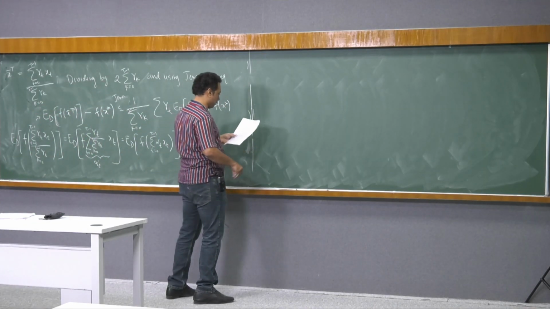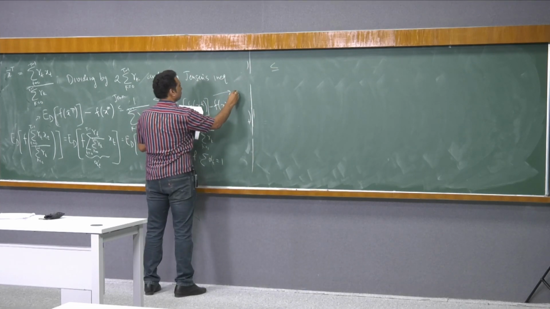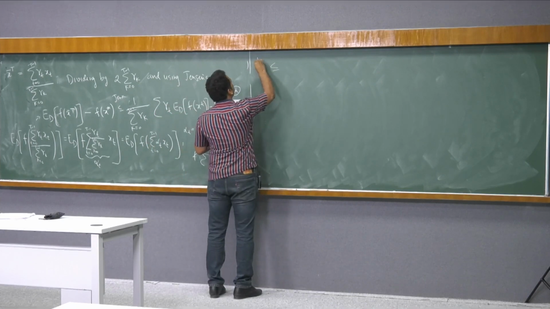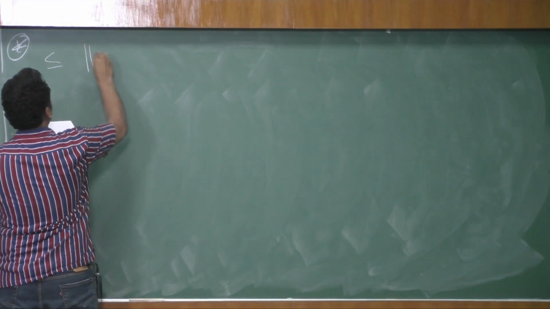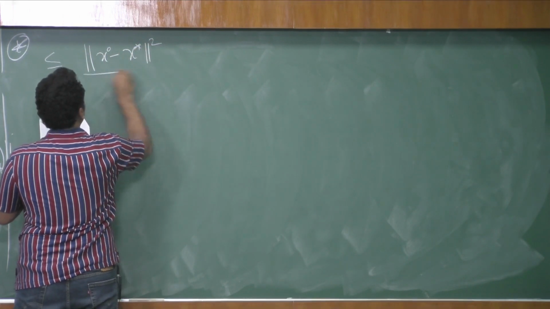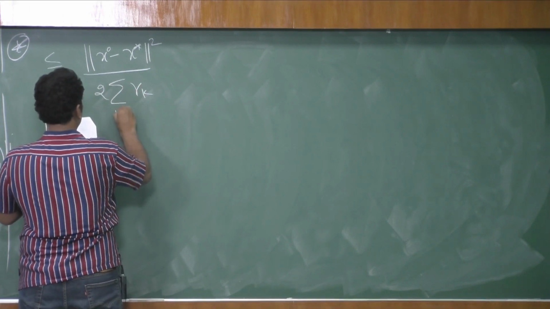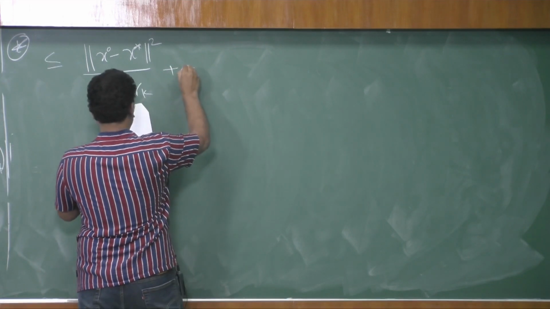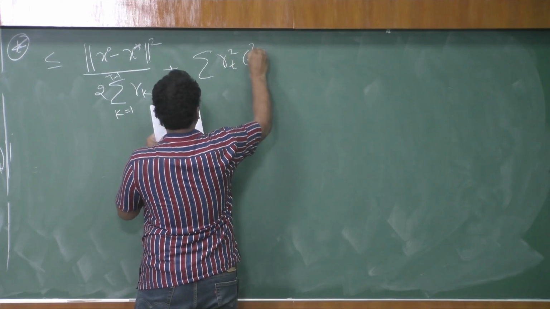With this we have less than equal to, and when we say less than equal to, this is for this guy, star. So star is less than equal to norm of x naught minus x star whole square divided by 2 sum of gamma k, k equal 1 to t minus 1, plus gamma t square g square.